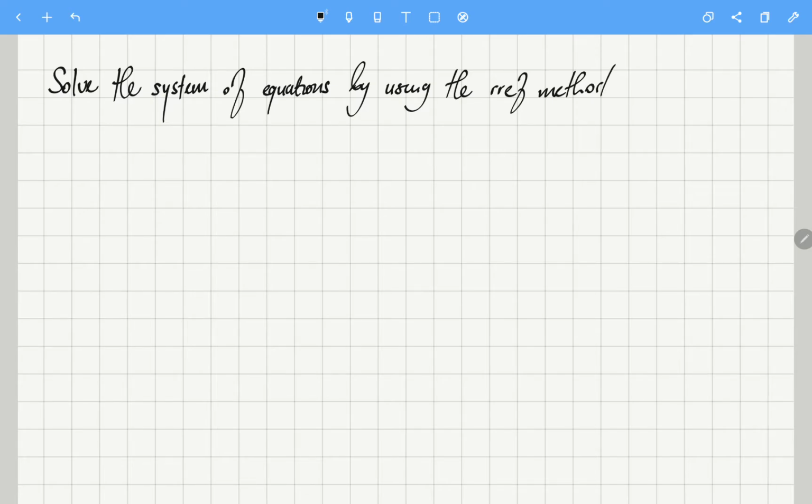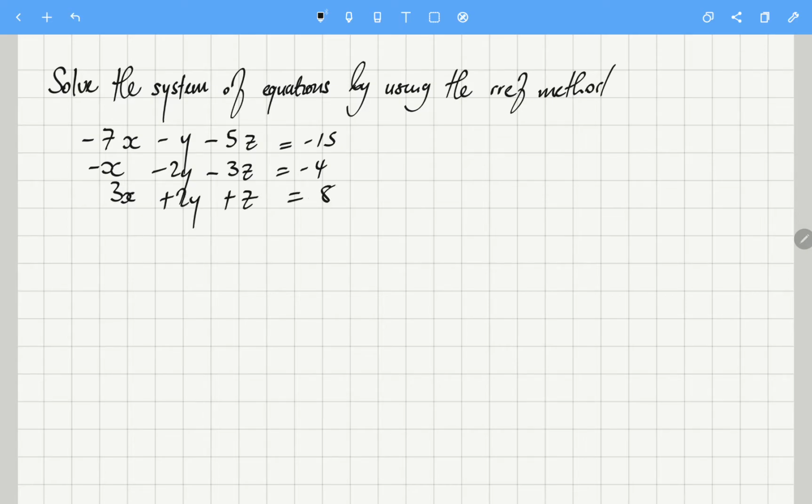So my system is minus 7x minus y minus 5z equals minus 15, and minus x minus 2y minus 3z equals minus 4, then 3x plus 2y plus z equals 8, right?